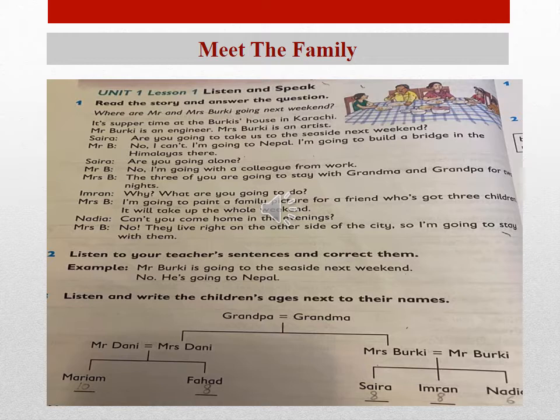Mr. Dani and Mrs. Dani have 2 children, Mariam and Fahad, and Mr. Berkey and Mrs. Berkey have 3 children, Saira, Imran, and Nadia. So this is a family tree. A family tree tells us who is the head of the family, and then who are the kids, and if they have other kids as well, it will show you all the family members in one place.